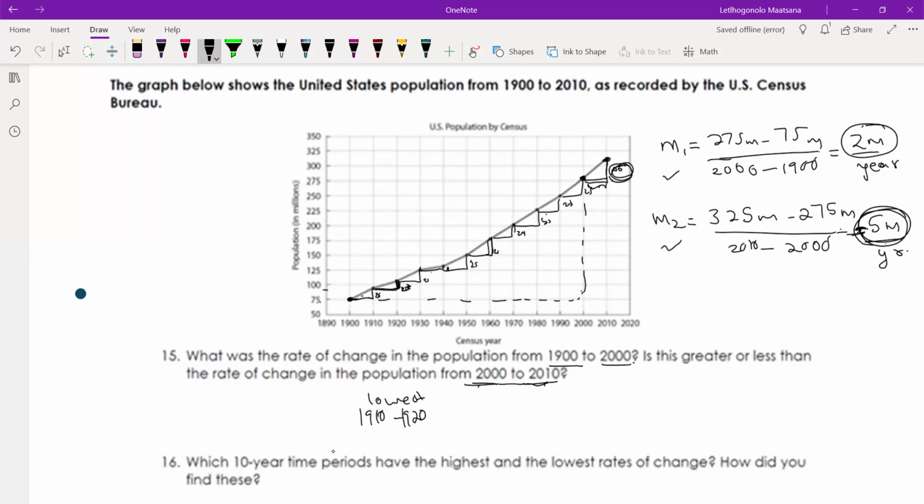We had something like 10 to 15 million, whereas between the others we have a much greater growth for each of these 10 years. So this is per 10 years.